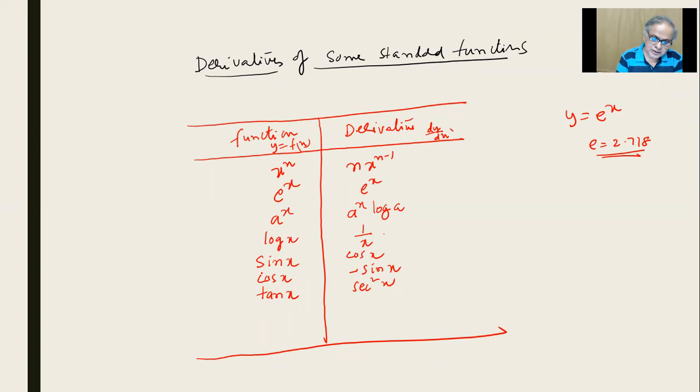Then reciprocal of sin: cosecant x derivative is minus cosecant x cot x. Secant x derivative is secant x tan x. Cot x derivative is minus cosecant square x.